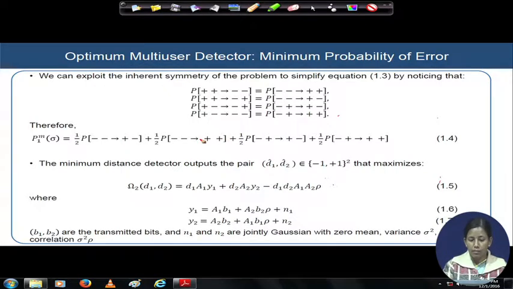The other two terms are like this: minus plus transmitted but detected as plus 1, and half of the time minus plus transmitted but detected as plus 1, both are plus 1s.